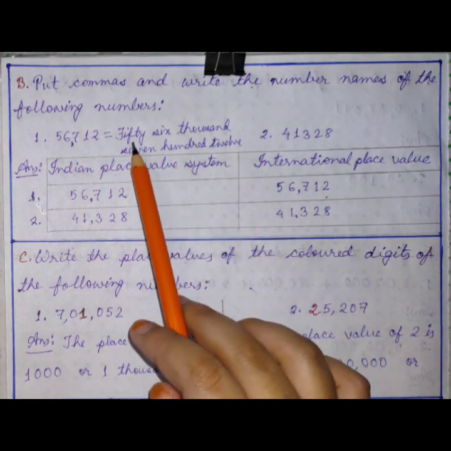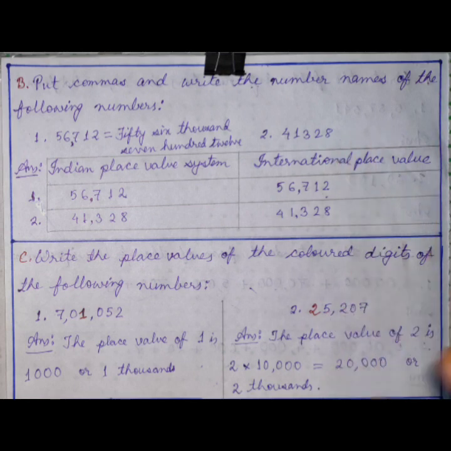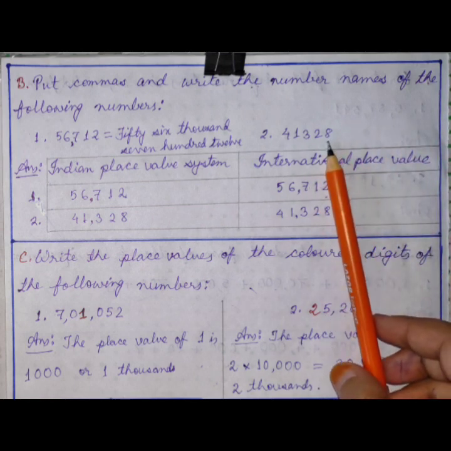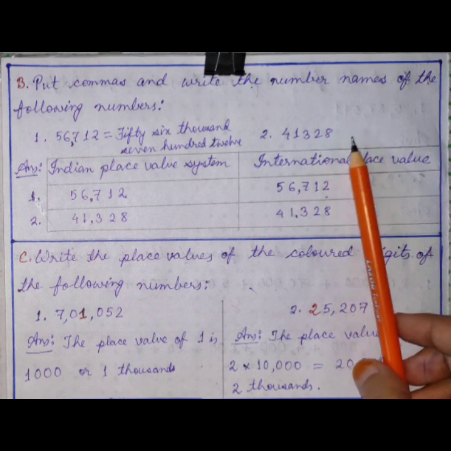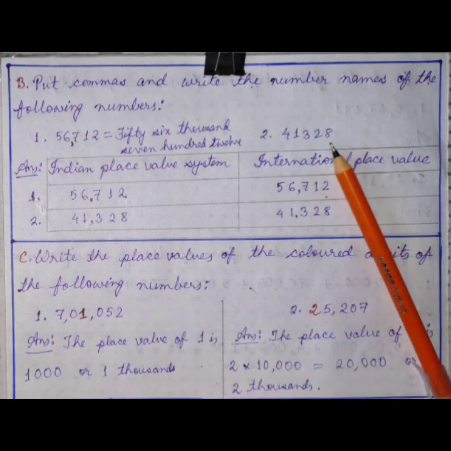One I have done for you, and the second one is your homework. You have to write the number name of this number and mail it to my email ID, which is provided in the description box.